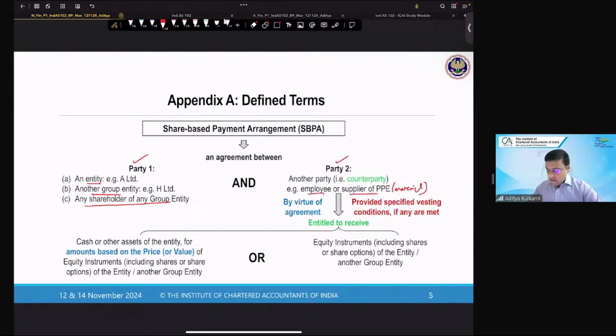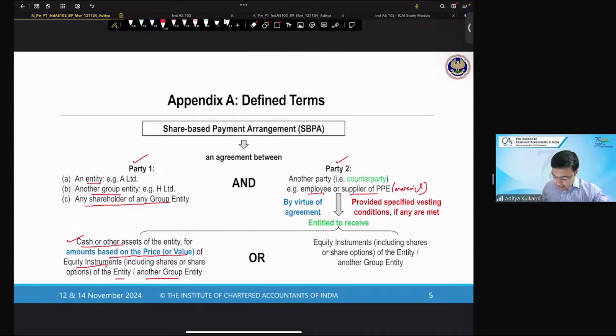By virtue of the agreement, provided specified vesting conditions are met, this counterparty is entitled to receive cash or other assets of the entity for amounts based on price or value of the equity instruments of the entity or another group entity, or entitled to receive directly the equity instruments.